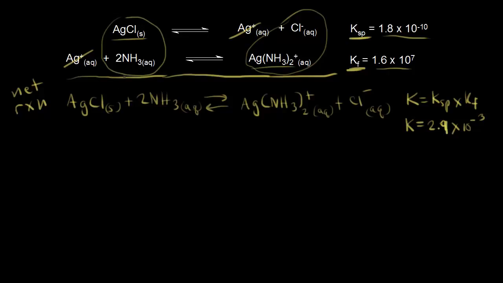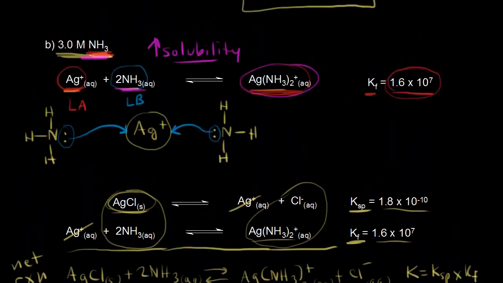All right, our goal is to find the molar solubility of silver chloride in our ammonia. So we set up our ICE table, so our initial concentrations, our change, and then our equilibrium concentrations. And let's pretend like we're starting out with our solution of ammonia and we haven't added any silver chloride yet. So let's go back up here and see what our concentration was.